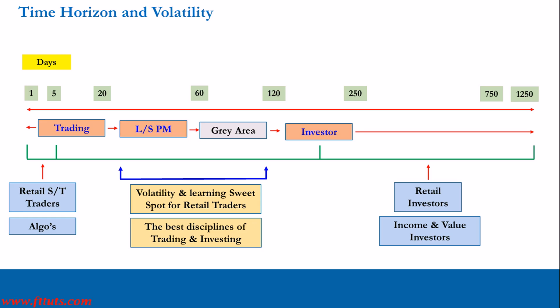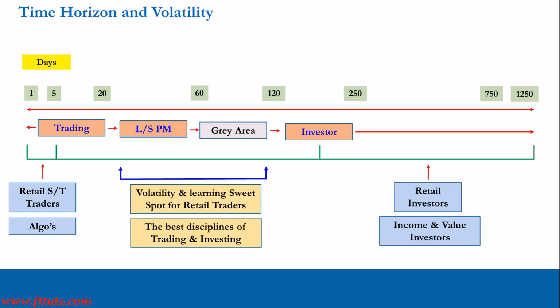When volatility goes up, we move from being portfolio managers and we slide down the time horizon and become more short-term traders. When volatility declines, we slide up the time horizon and we become more portfolio managers, and we trade and we build long-short portfolios.